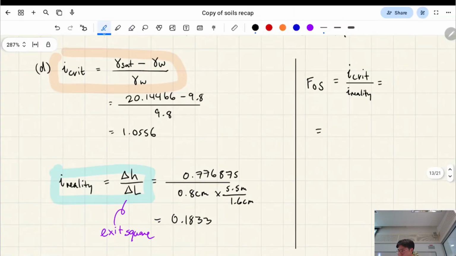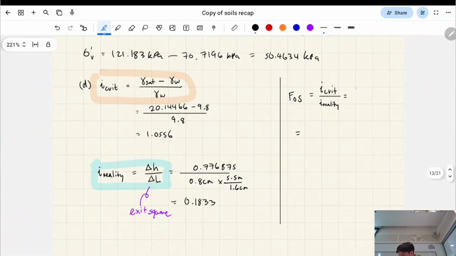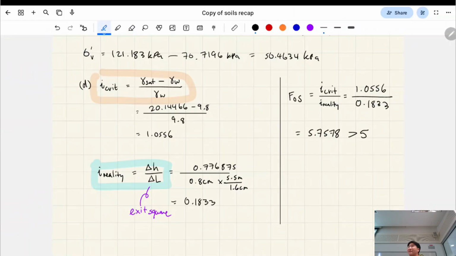Okay. So we do this formula. We take the ratio of the critical, the ultimate point where you start seeing quicksanding and stuff like that, and divide that by what it is in reality. In this particular case, with my zID, omega is equal to 50, I got a number that's greater than 5.